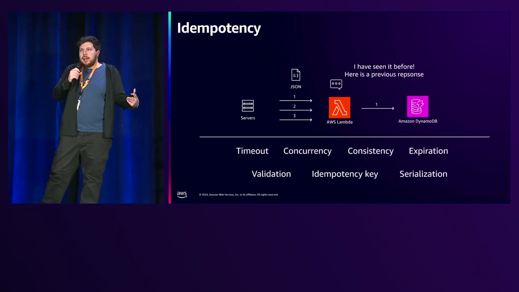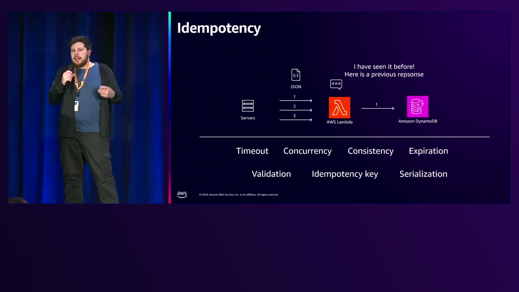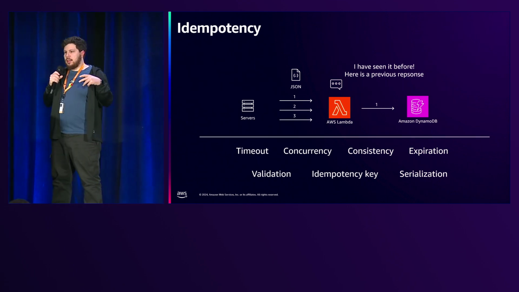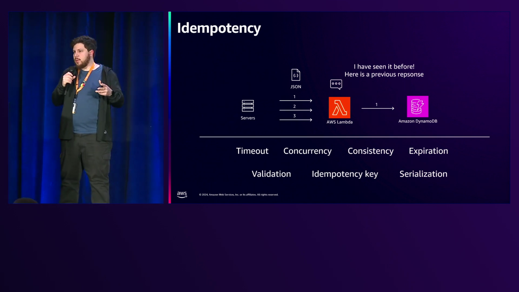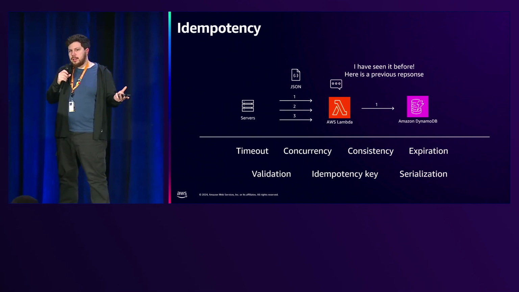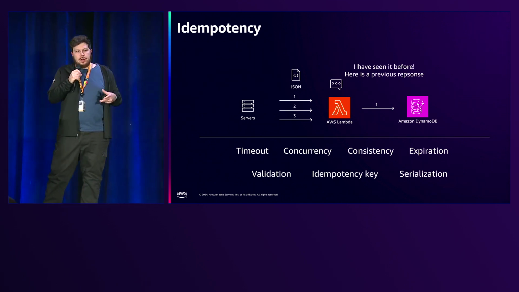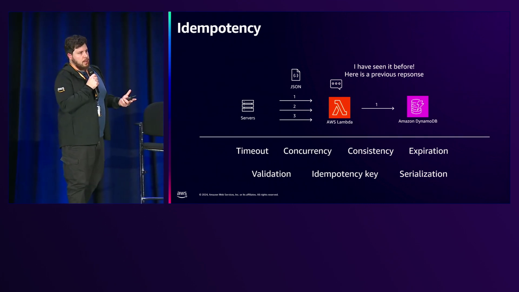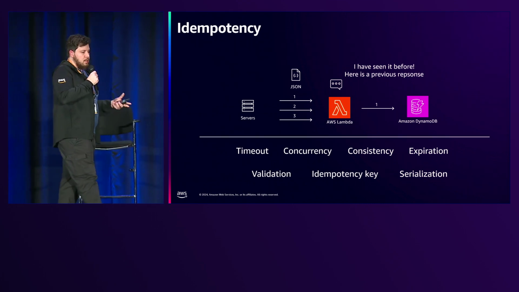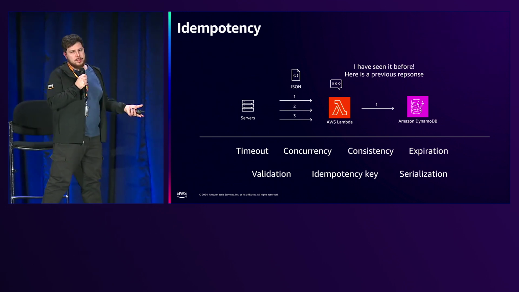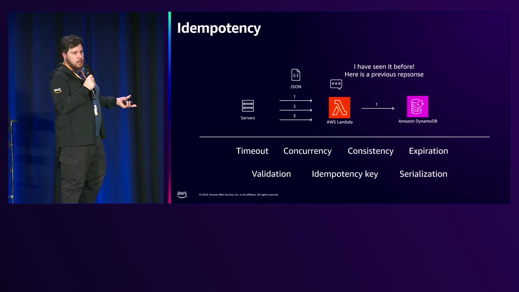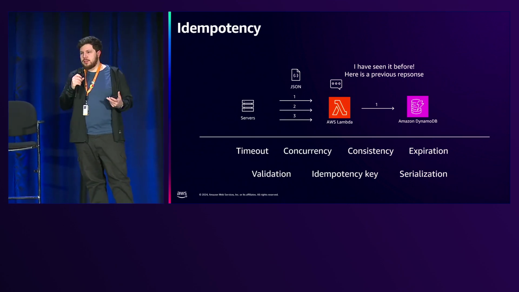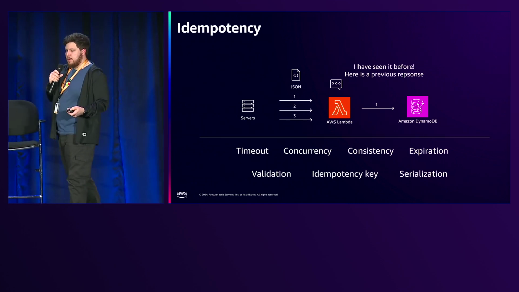So essentially, you need to implement logic that looks at the request and keeps some state in a separate place, in a persistent store, because Lambda is stateless. And whenever you get a request, you want to compare this payload with what you have saved and check, have I seen this request? Is it something that I need to process again? If it's a new request, you process it. Otherwise, you just return the response from the previous request if it's idempotent.